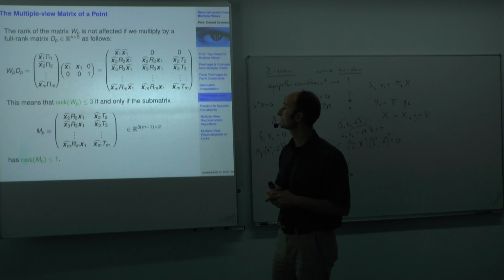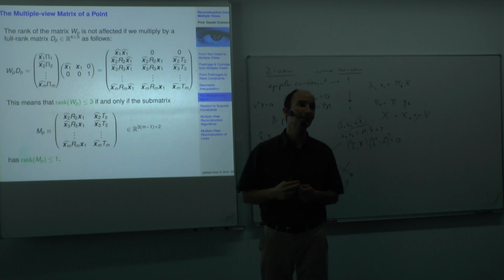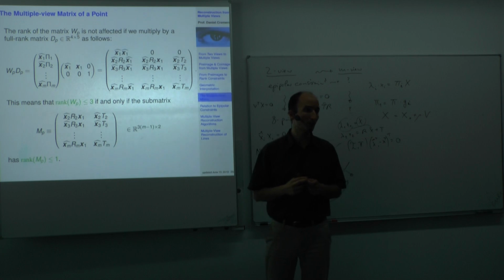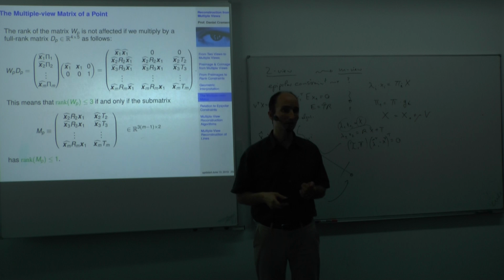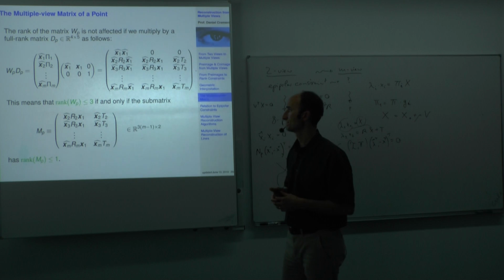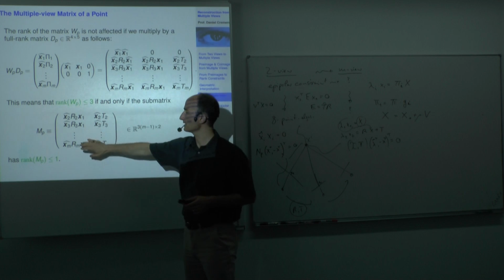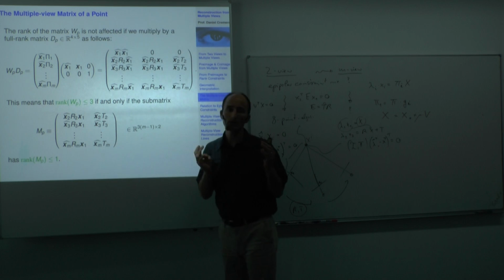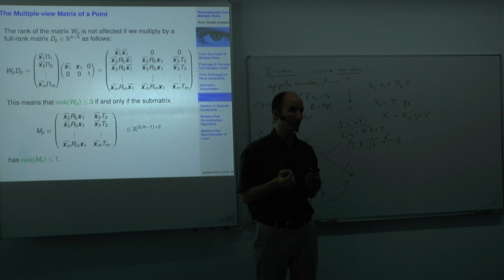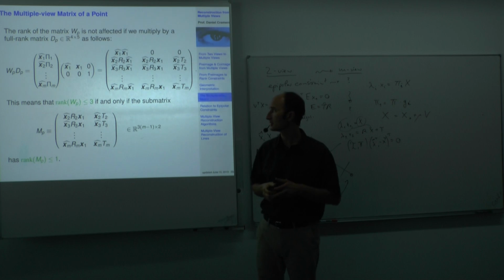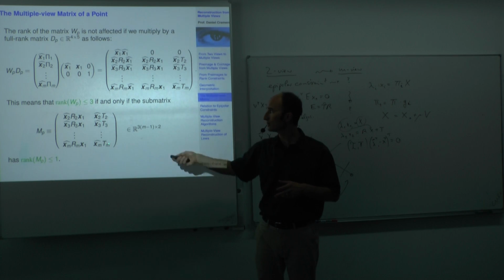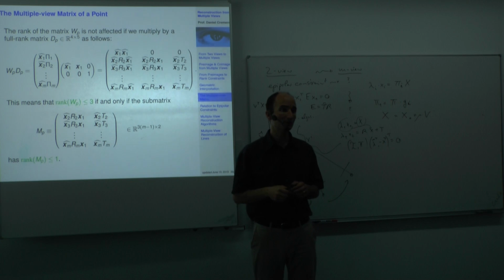It's a matrix containing 2 columns, and saying it has rank 1 basically tells you that these 2 columns are multiples of each other. And this is why we reformulated the rank constraint with this matrix MP to have an as compact as possible representation of the constraints, which says there are 2 columns in the matrix and these are multiples of each other.